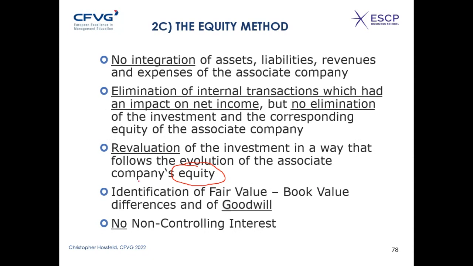Now, something that we do in the equity method that is the same as in the full consolidation method is we have to do a purchase price allocation. Even when I buy only 30%, or less than 50% anyway but more than 20, I need to do a purchase price allocation. That means I need to look for valuation differences, brand name, equipment, liability values, and so on. And I may identify a goodwill.